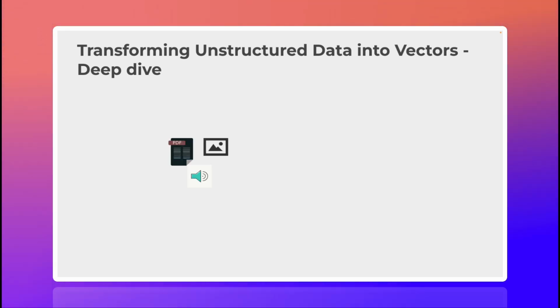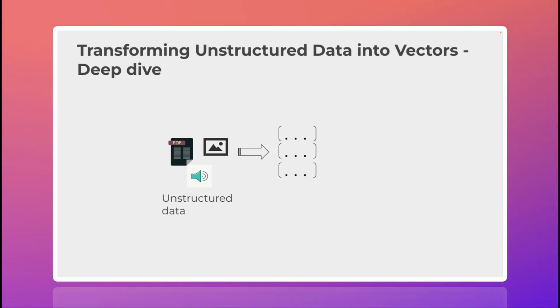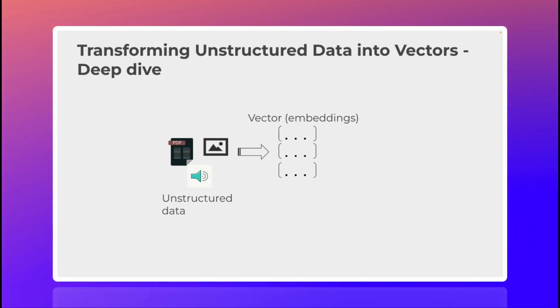The idea, of course, is to take this unstructured data and transform it into vectors, essentially what we call also embeddings. We'll get into that. So that is the whole idea. We'll get this unstructured data, transform it into vectors, just the numerical representation with a little bit more to it, so that then that is what is actually saved into the vector store or vector database.